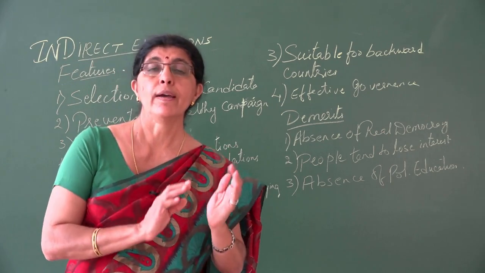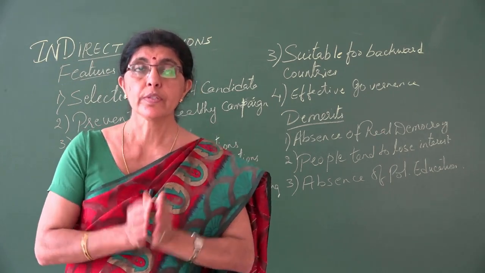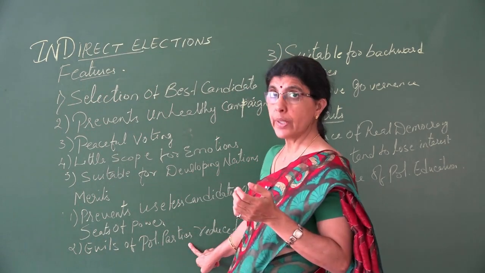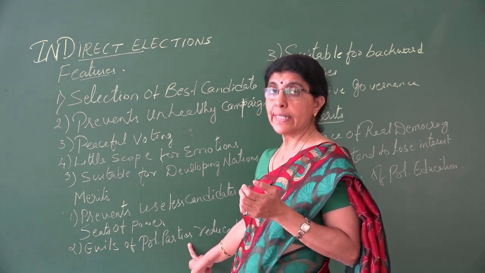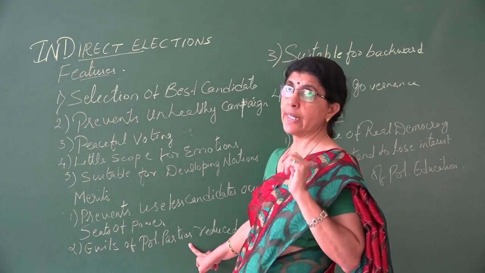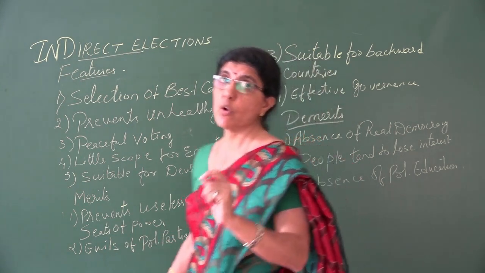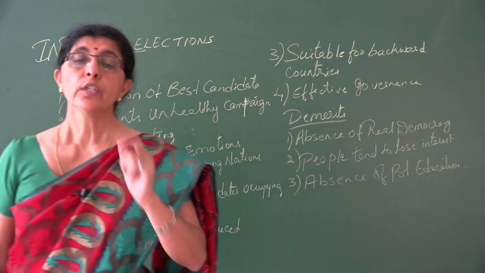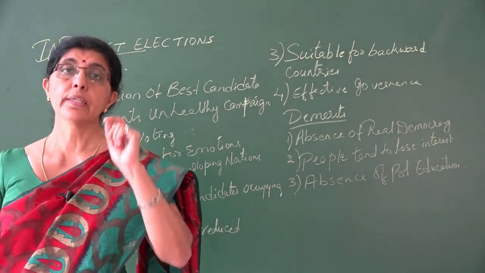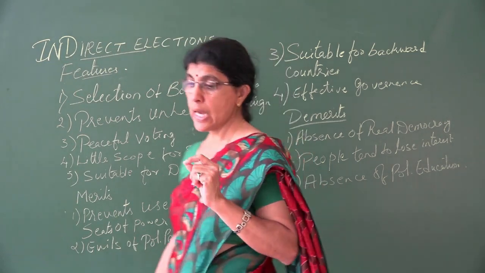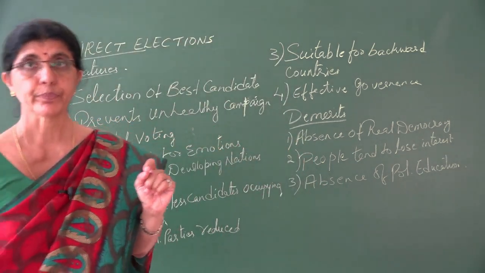They do not have much good to say about themselves, but they talk ill of others, which leads to the people selecting wrong leaders in direct elections. Whereas in indirect elections, this sort of wrong propaganda or choosing the wrong candidate does not happen. Hence, the evils of political parties are reduced.